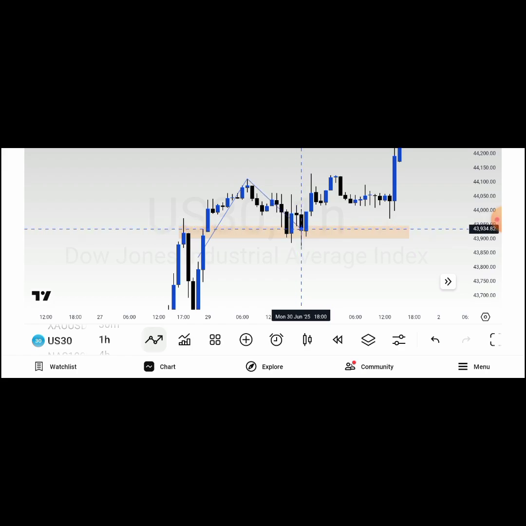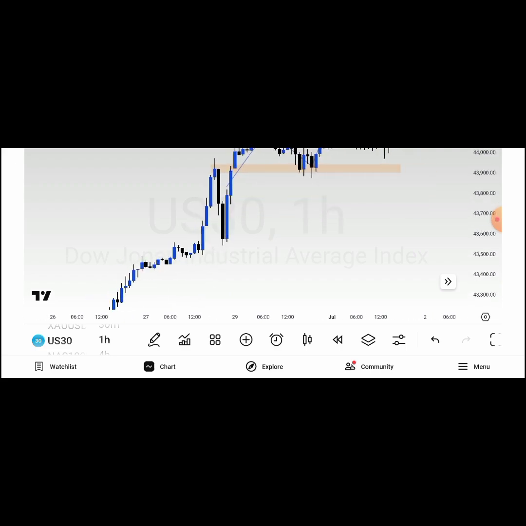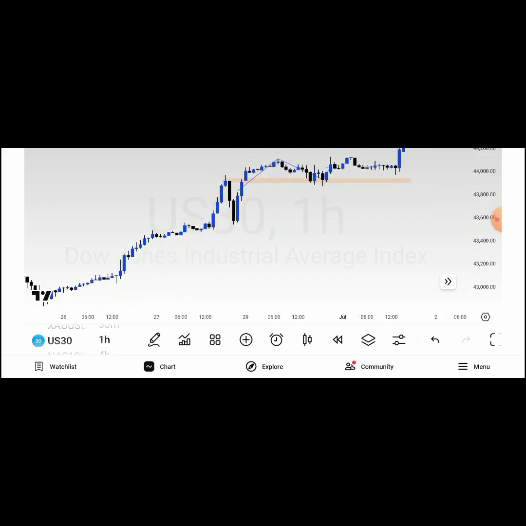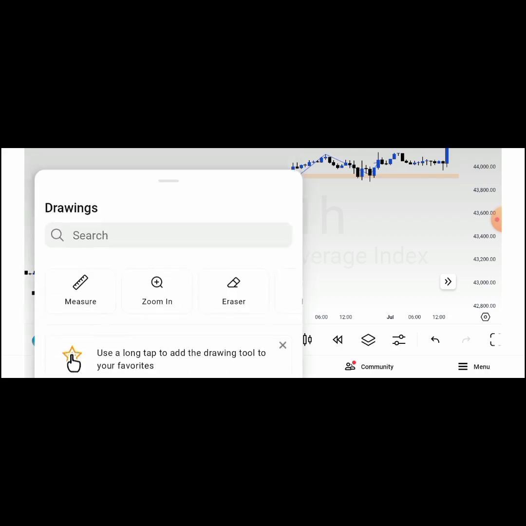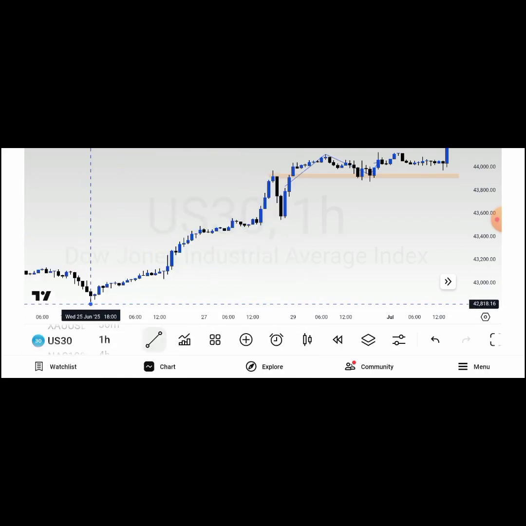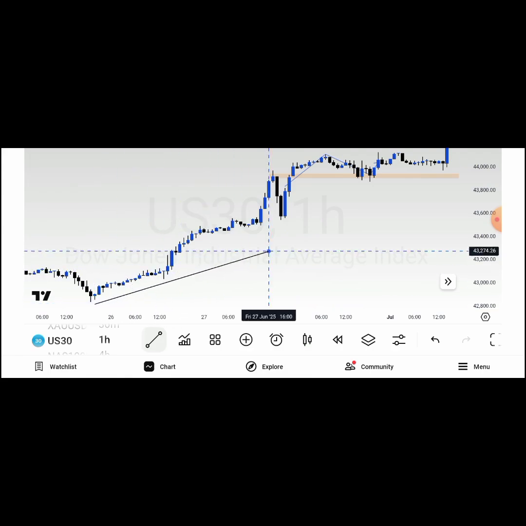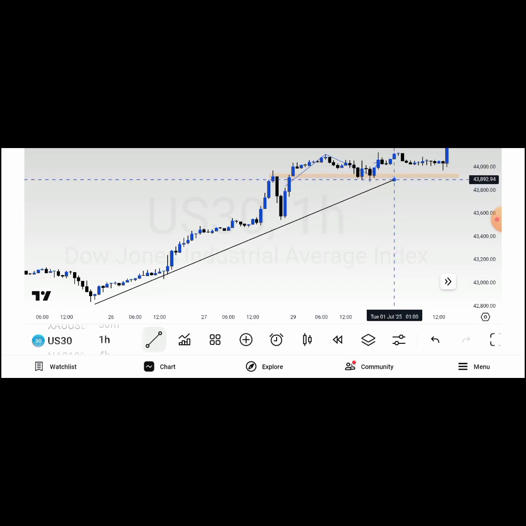And then the next thing I try to look out for is trend line or Fibonacci. So let's try to check for a trend line around that place if we can possibly find one. Remember, your trend line must touch at least 2 lows or 2 highs.